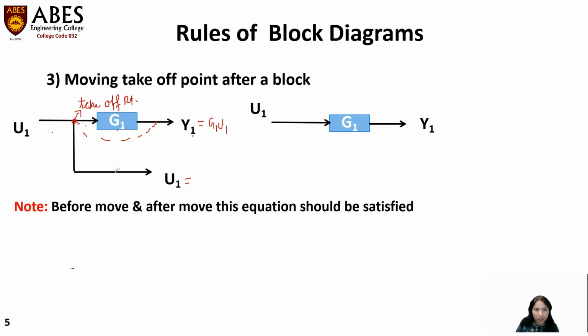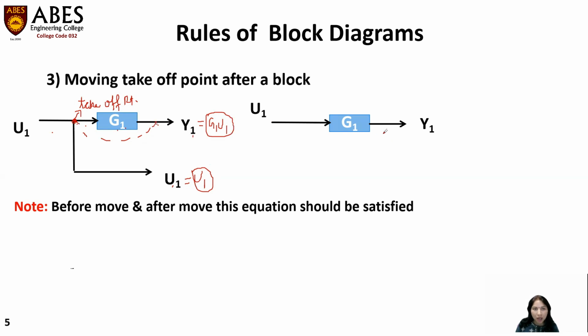The same input I have taken here as u1. So presently, the value of this signal is u1, right? Now, after moving this point after the block, the same value of y1 and u1 I have to get, right? That means y1 should be g1 into u1 and u1 should be u1, after moving this point after the block, right?